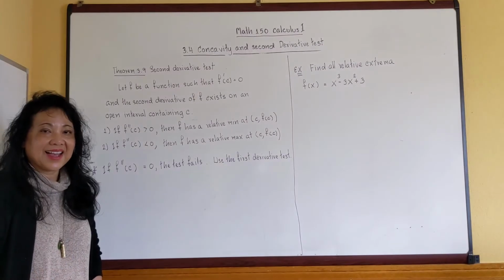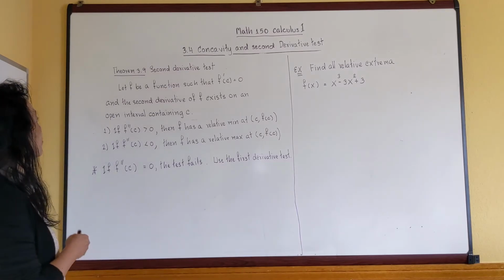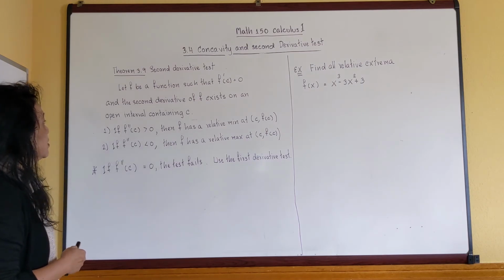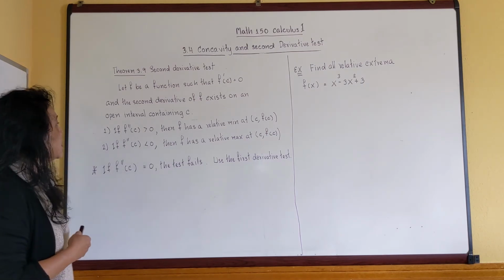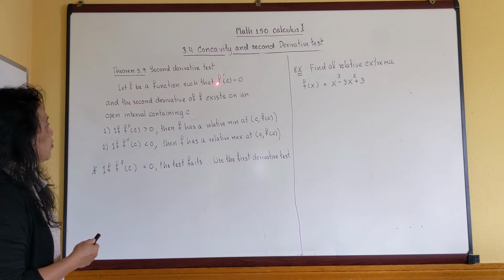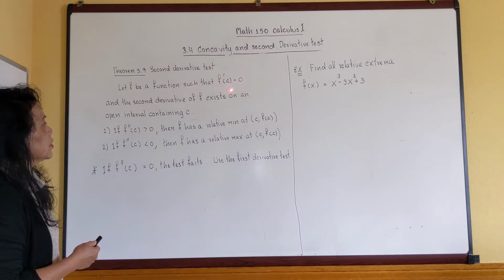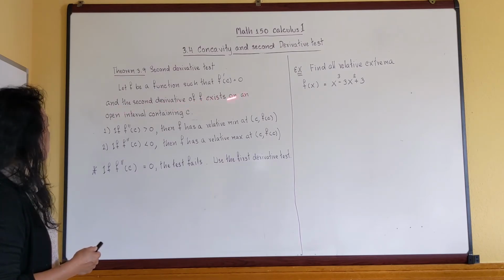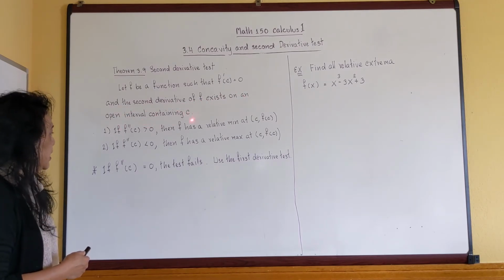Alright. Hi everybody, let's look at our last theorem. This is an alternative to the first derivative test. This is the second derivative test. You have a function and f prime of c equal to 0, solve for c, and the second derivative of f exists on an interval containing c.